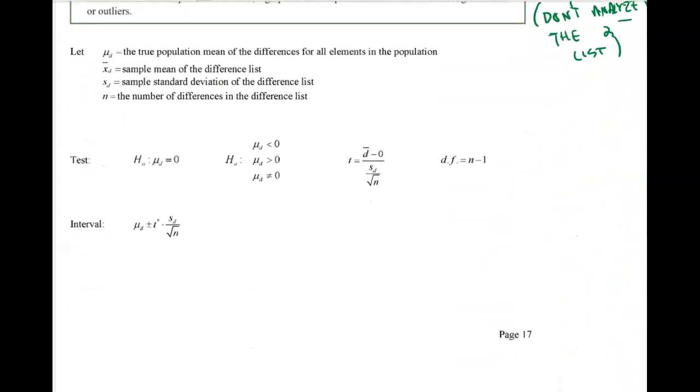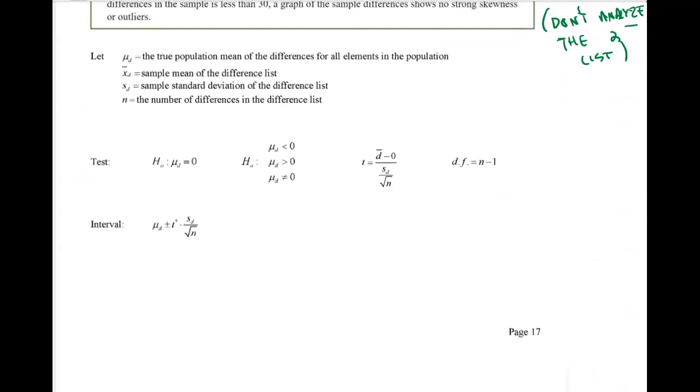All right, so let's go through the procedure and then do an example. Let mu d be the true population mean of the differences. So mu d is the mean of the difference list. Mu d is the mean of the one difference list.